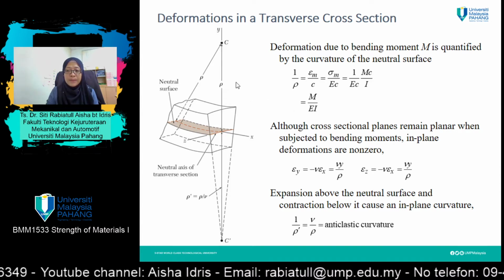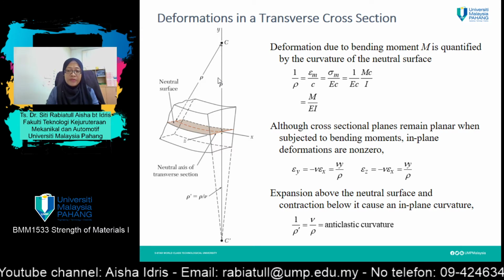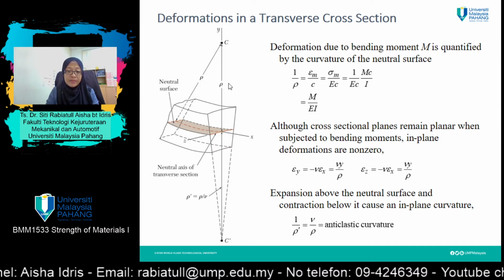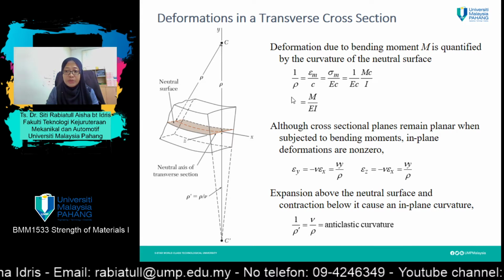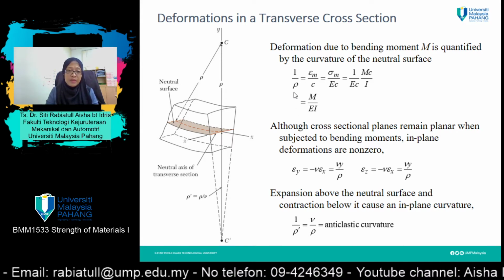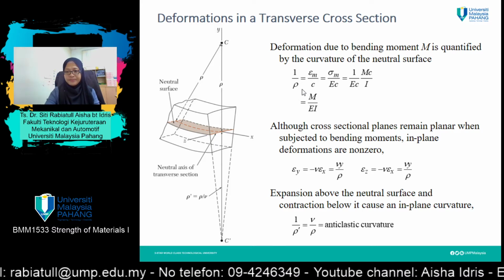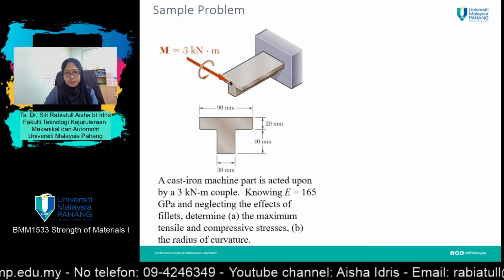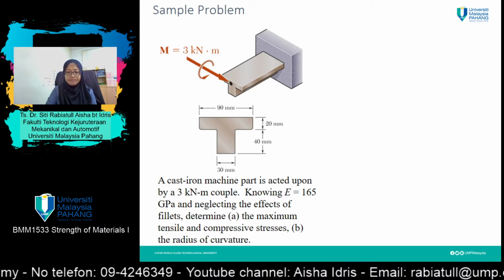Here, the radius of curvature is the value of rho. So you need to rearrange the formula in order to get the value of rho.